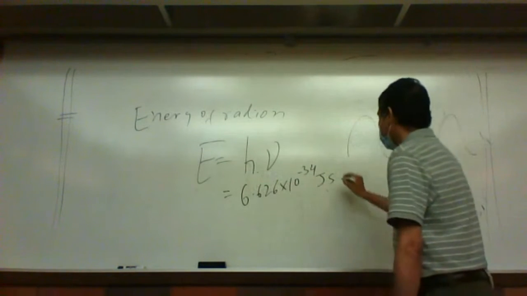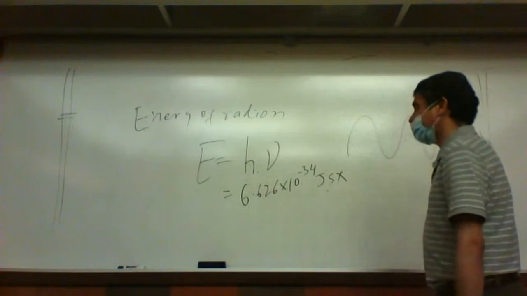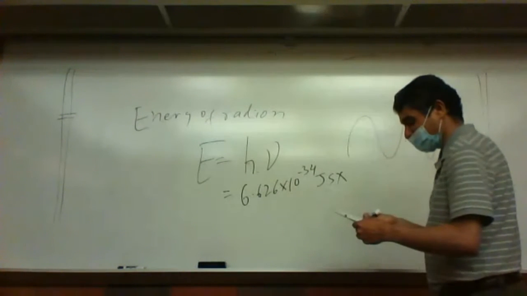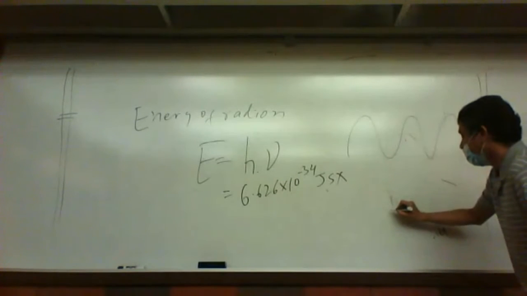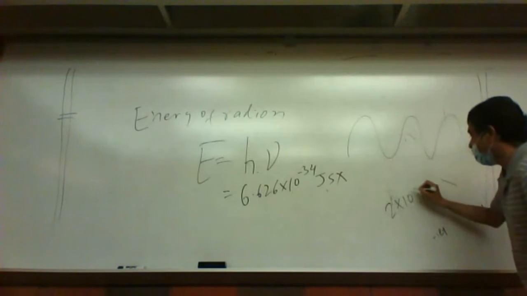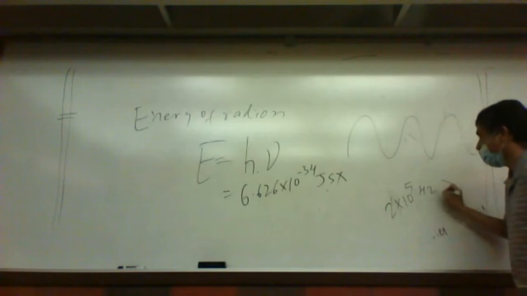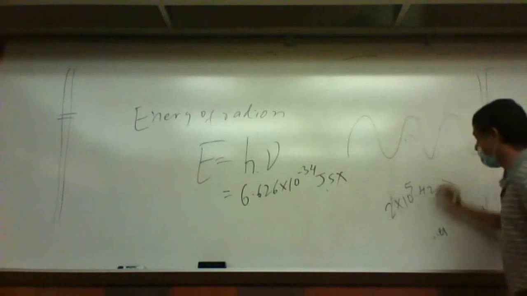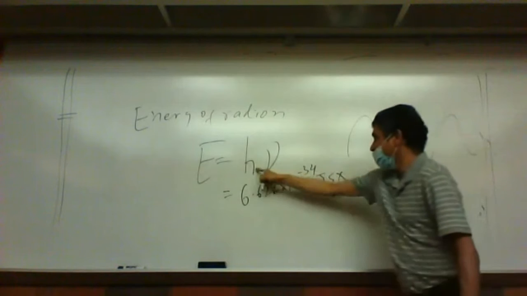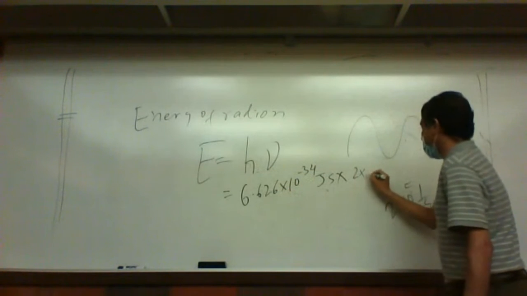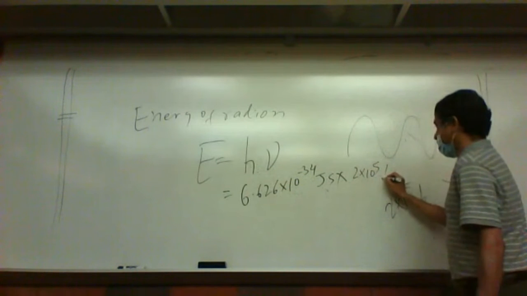So this is h, and nu is the frequency of the radiation which is given. Put that number there. Let's say the frequency was 2 multiplied by 10 to the power 5 hertz. Hertz means per second, and it is sometimes written as hertz or sometimes as 1 per second. So this is h and this is nu. Nu is 2 multiplied by 10 to the power 5 per second.